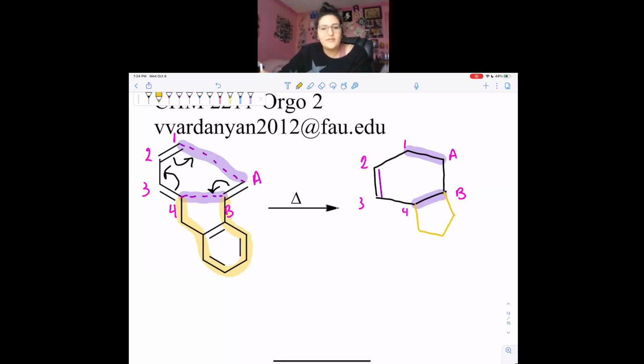And then attached to that 5-membered ring, we have a benzene ring. So we're going to go bam, bam, bam. So that's where I got each of the pieces from. Does it make a little bit more sense now that I slowed it down a little bit?